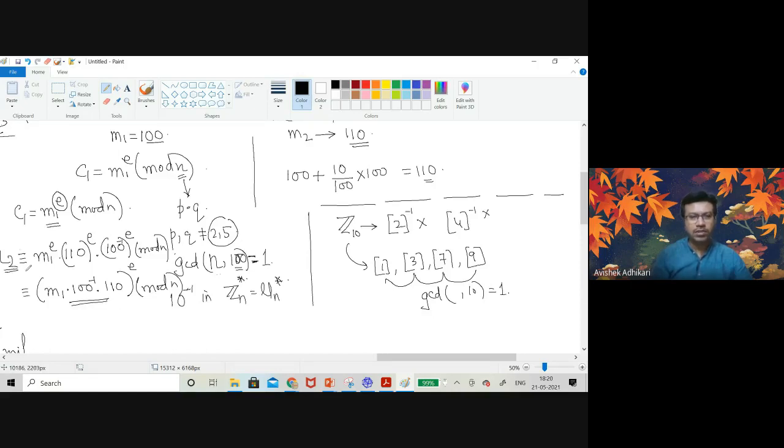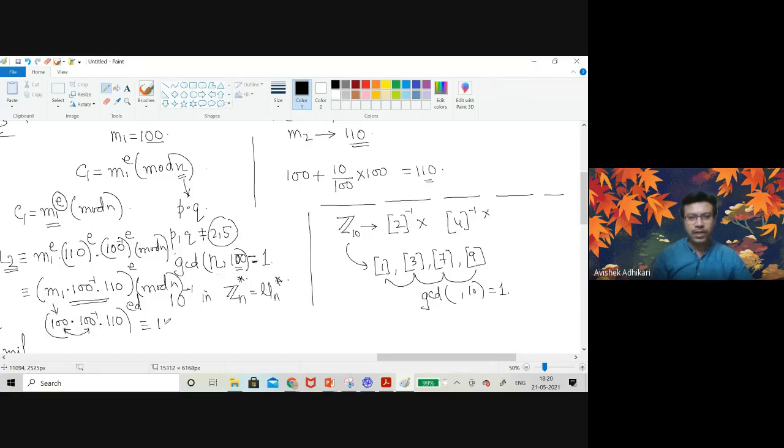This is your C2. When they decrypt it, for example if you put 100 here, how much will they get? 100 into 100 inverse into 110 to the power E, and when they decrypt it, that means to the power ED, and we have already proved this will be the same as M. The 100 and 100 inverse get cancelled, this value will be 1.